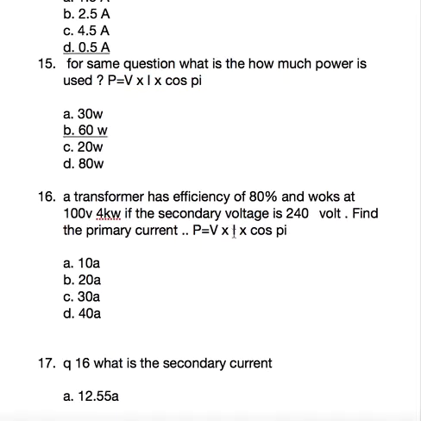We have to find I, so P divided by V. P is equal to 4 kilowatts, so 4000 divided by 100. Cancelling two zeros, the remainder is 40. So the answer is 40 amps. Cos phi is 1, so it need not be considered.